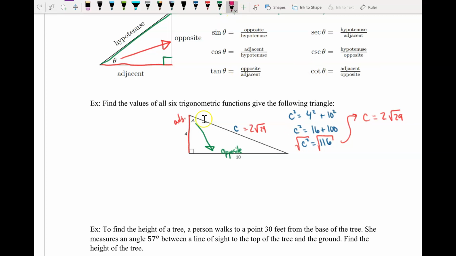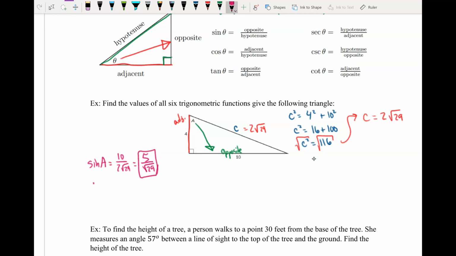All right, so now we want to find all 6 trig functions. So let's go ahead and look at sine theta, or what it will be, sine of A. So sine of A would be the opposite over the hypotenuse. Okay, so the opposite is 10 over the hypotenuse, 2 square root of 29. So it's 10 over 2 square root of 29, which is basically 5 over square root of 29. I'll be okay if you just leave it that way.